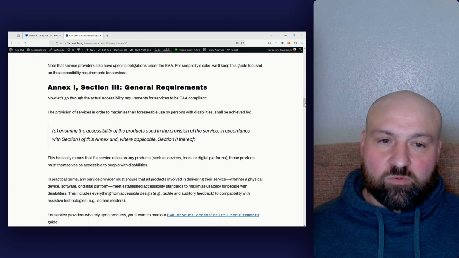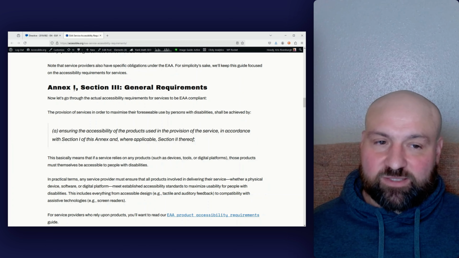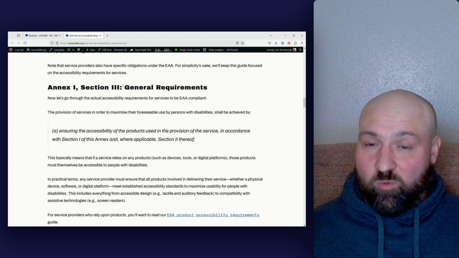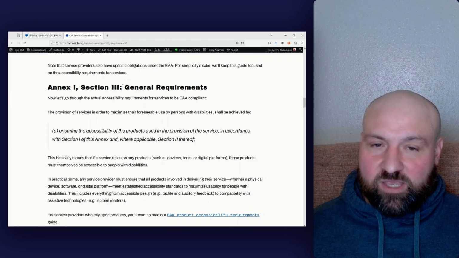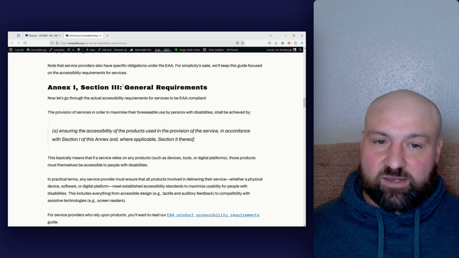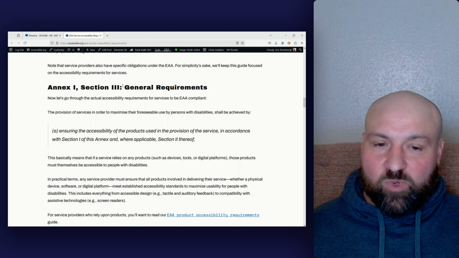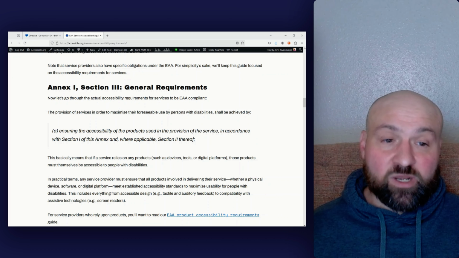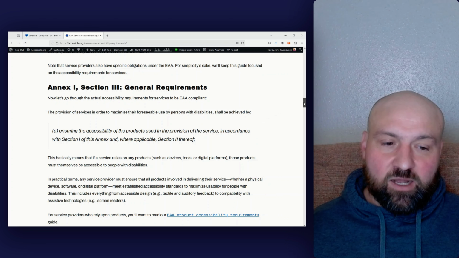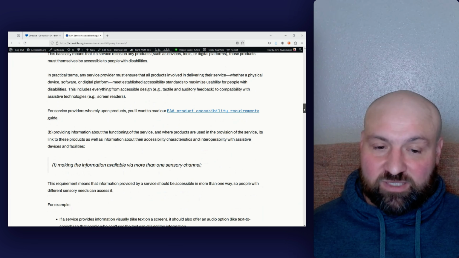All right, so now we scroll down to a section marked Annex 1, Section 3. Remember this from when we were looking at the directive. Here we go through each of the requirements. So each of the letters in Section 3, they are all covered in this section, and we break down in plain language what each requirement means, and that continues down to the sub-bullet points as well.